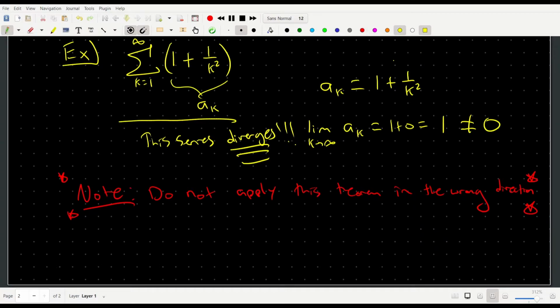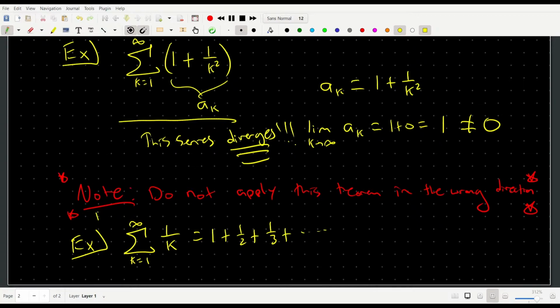For a really good example of this, you can take what's called the harmonic series, which is the series of 1 over k, or 1 over 1 plus 1 over 2 plus 1 over 3, all the way up to infinity.